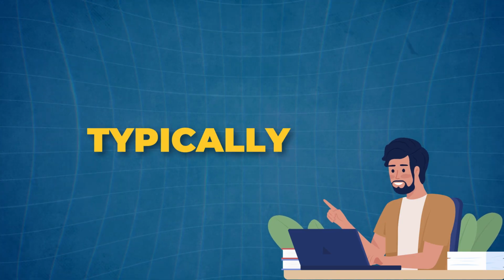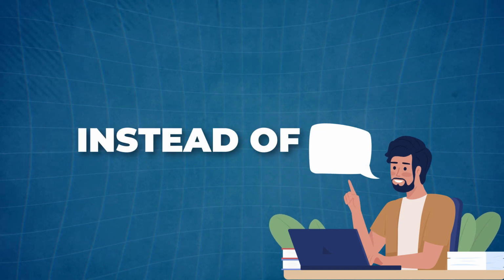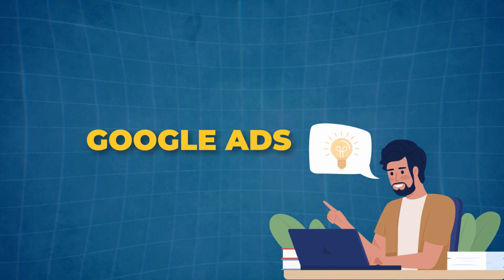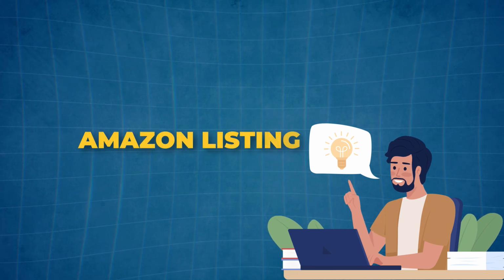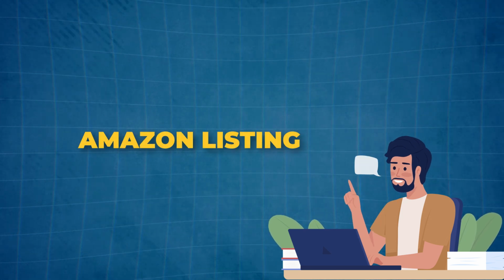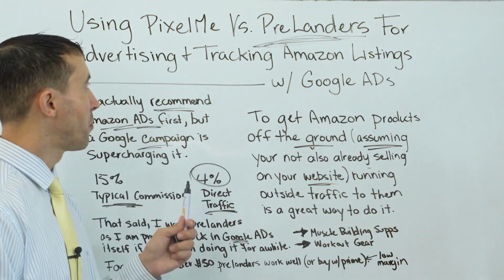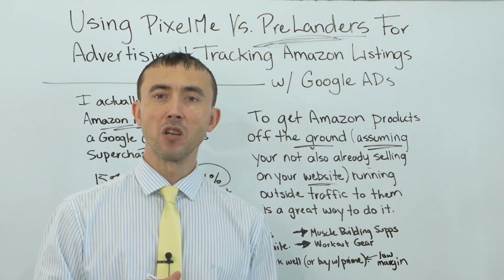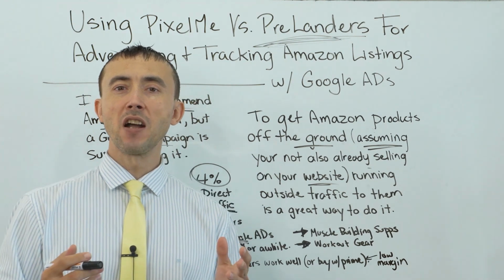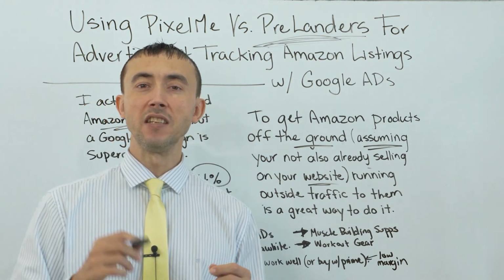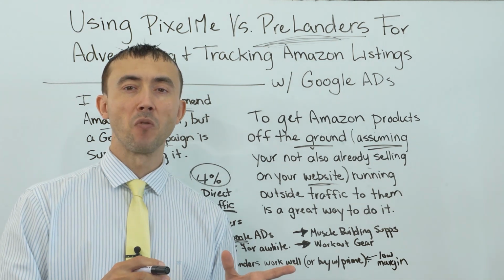I'm typically going to use pre-landers instead of sending traffic to Amazon directly when I run Google Ads traffic for an Amazon listing, because I want to be able to track properly, okay? With the PixelMe platform, they will tell you which keywords convert and all that, but that's pretty much only a small sliver of the data you truly need to make your ad campaigns perform well.